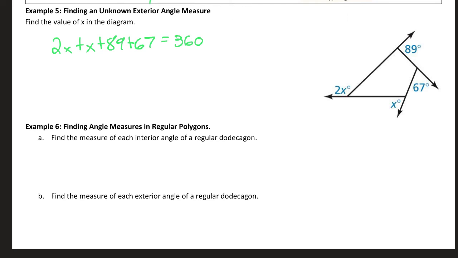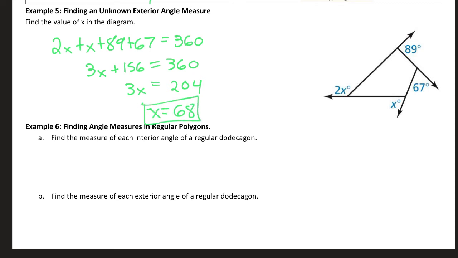So 2x plus x is 3x, 89 plus 67 is 156, set equal to 360. Subtract 156 from both sides. I get 204. 204 divided by 3. X is 68. Okay, so that missing angle here is 68.